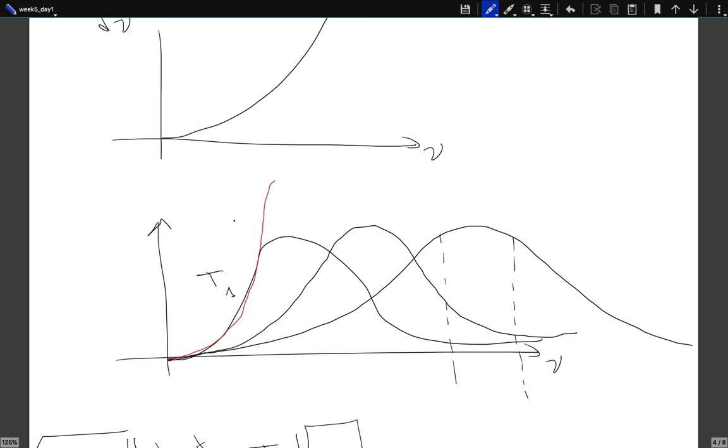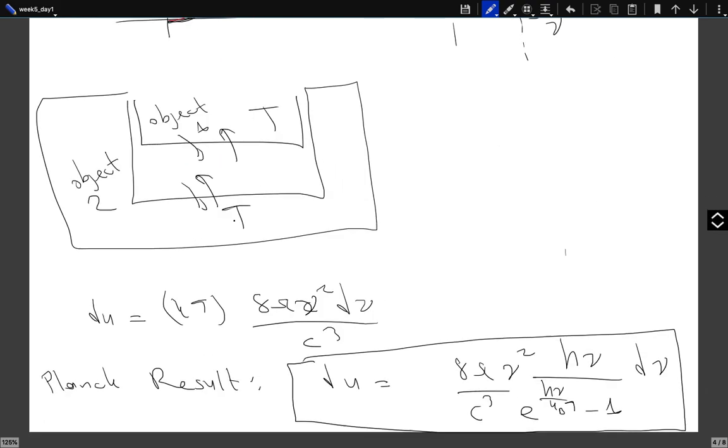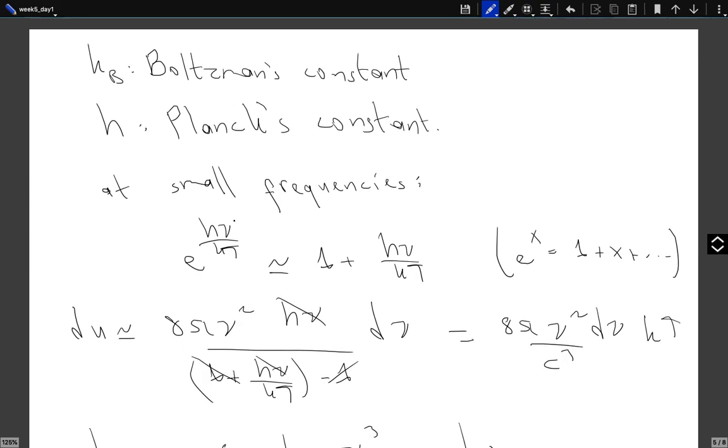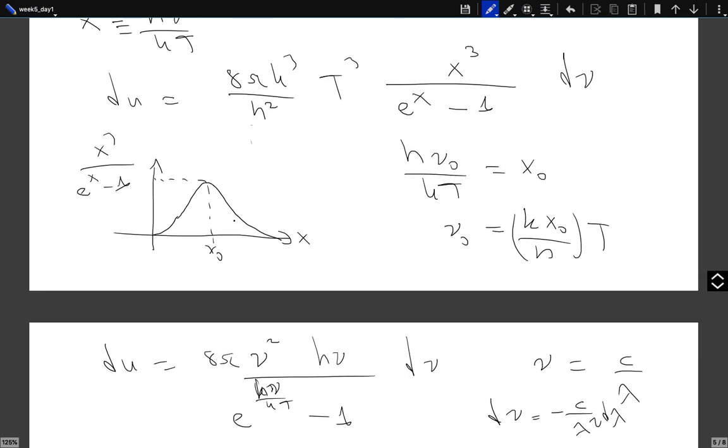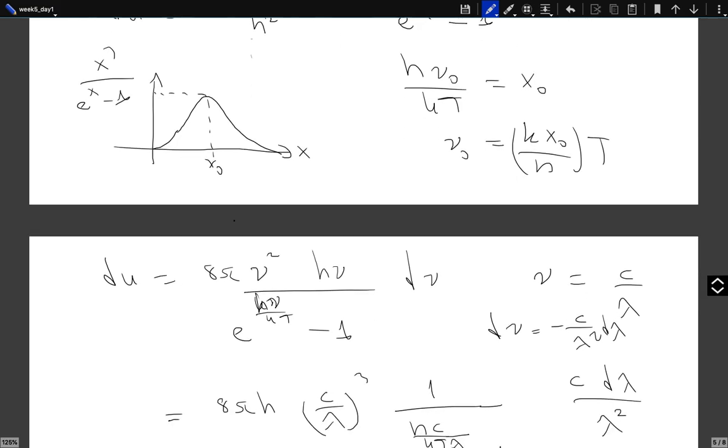If you calculate the spectrum as a function of frequency and determine where the peak is, the position of the peak tells you the temperature of the star. So you can measure the temperature of stars.